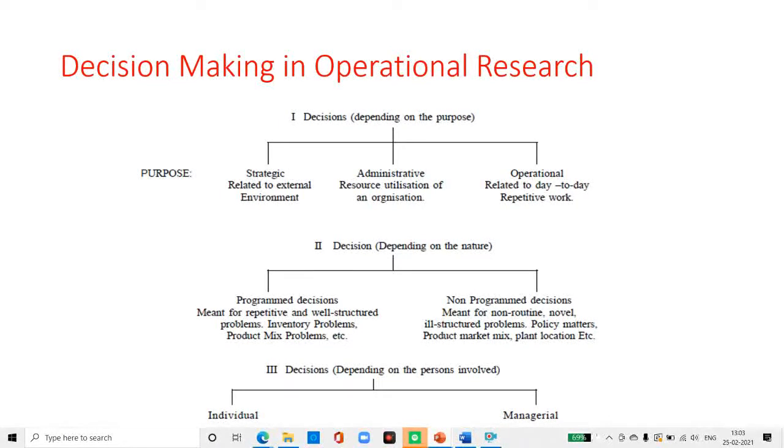Depending on the nature, decisions are characterized into two parts. The programmed decision is meant for repetitive and well-structured problems, such as inventory problems, product mix problems, etc. But a non-programmed decision is meant for non-routine, novel, ill-structured problems, such as policy matters, product market mix, plant location, etc. Depending on the persons involved, the decision is individual or managerial.